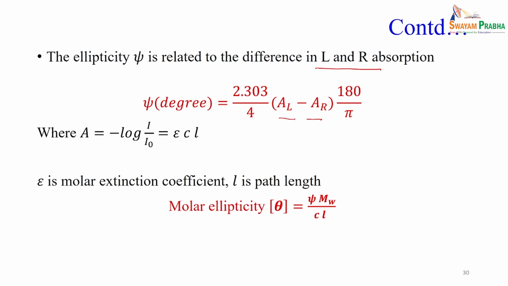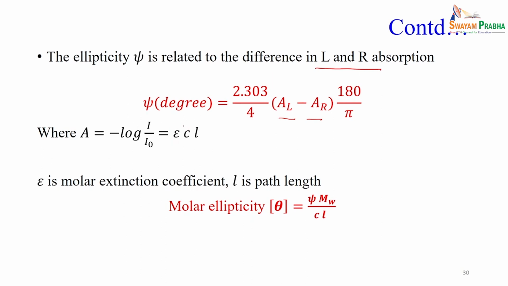So, it comes in degrees, where A is the log of I naught upon I, the initial intensity upon the intensity at time t, which we can relate with the Beer-Lambert law.